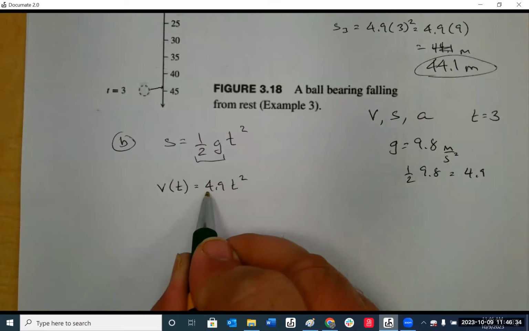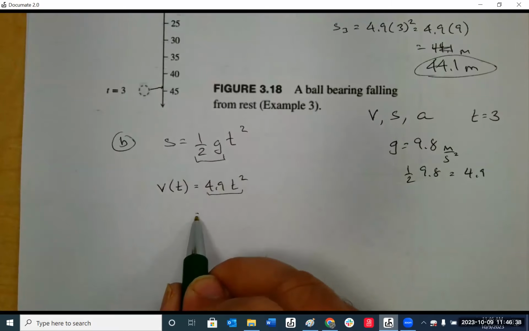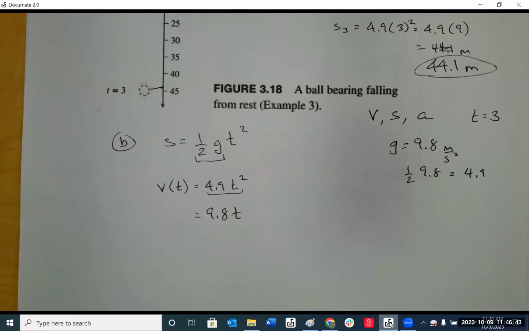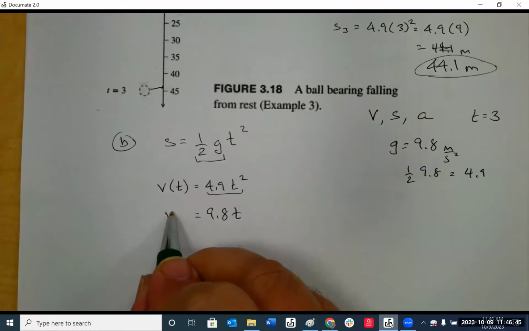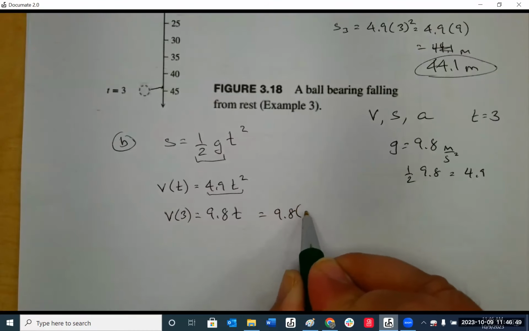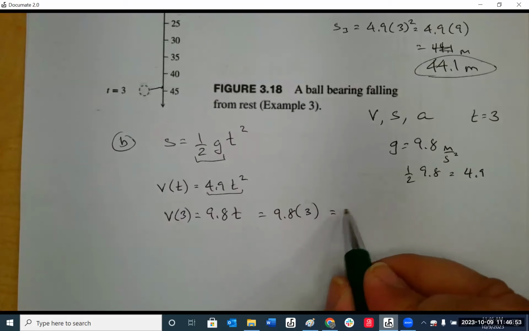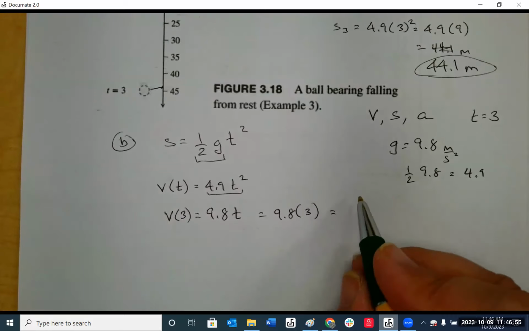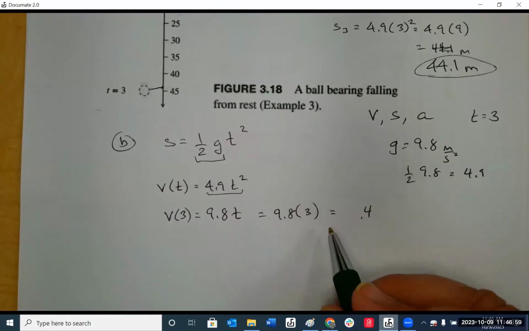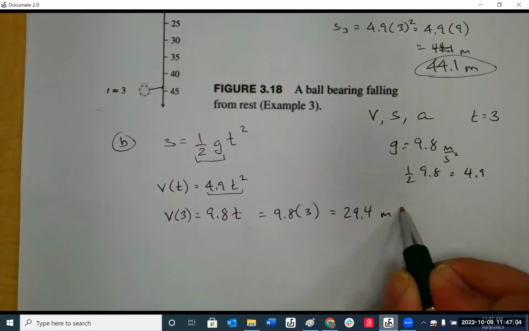So let's find the derivative of this. 9.8 t. So at 3 seconds, we have 9.8 times 3, 29.4 meters per second.